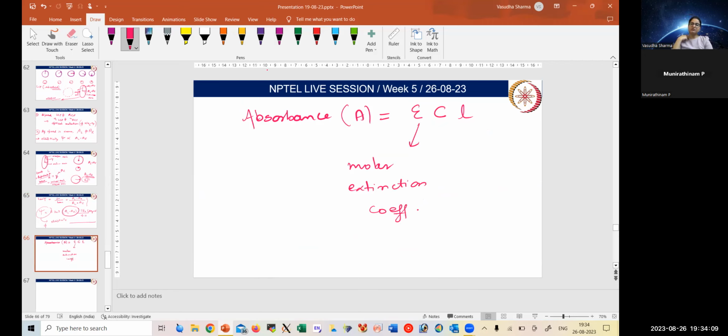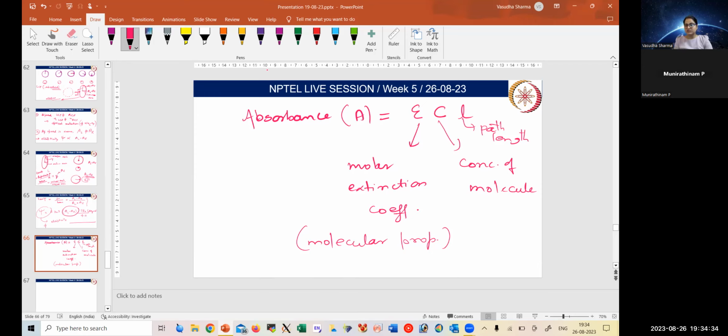This will tell you the capacity of your molecule to let the light get absorbed, and this is a molecular property. This varies from one molecule to another. C is the concentration of your molecule, which can be fixed. And L is the path length through which the light is actually passing through your molecule.